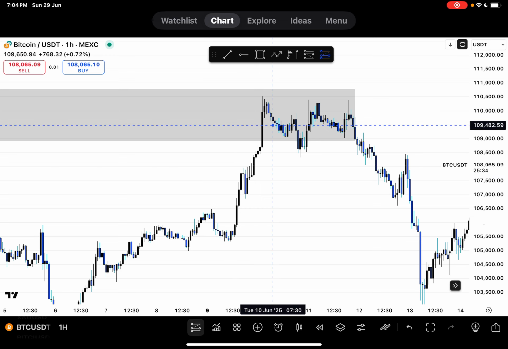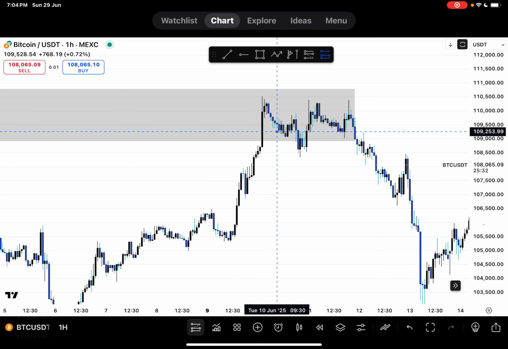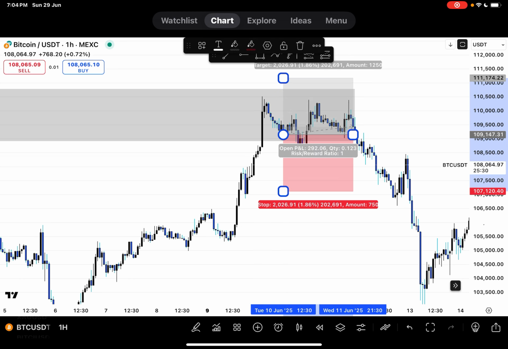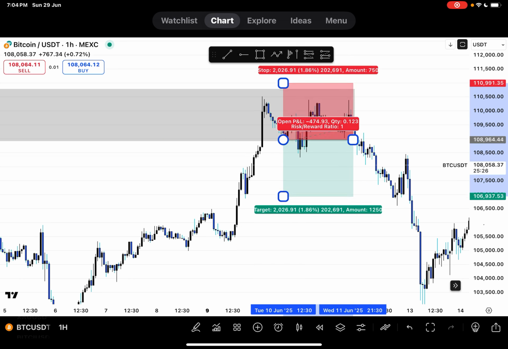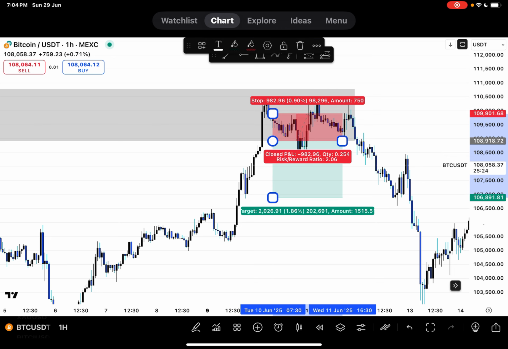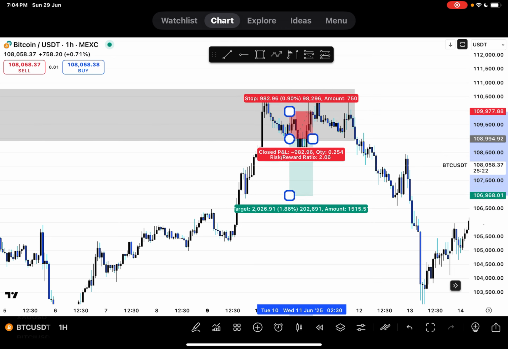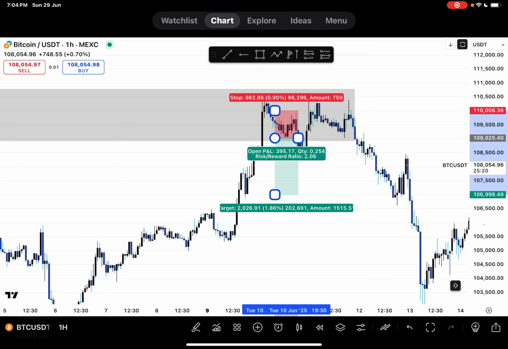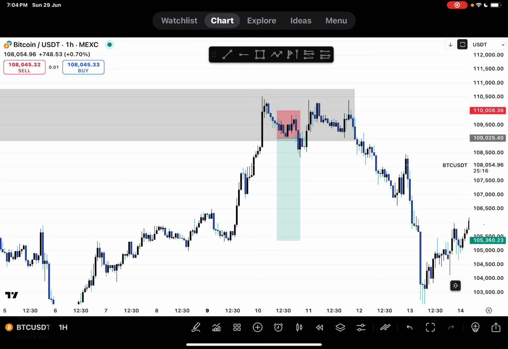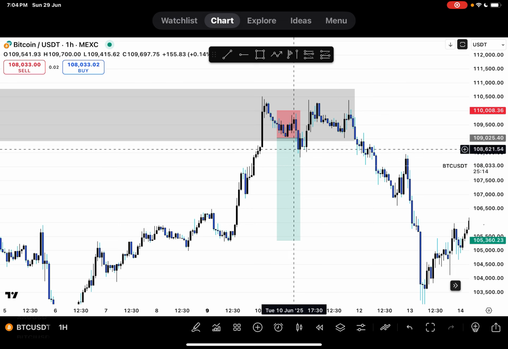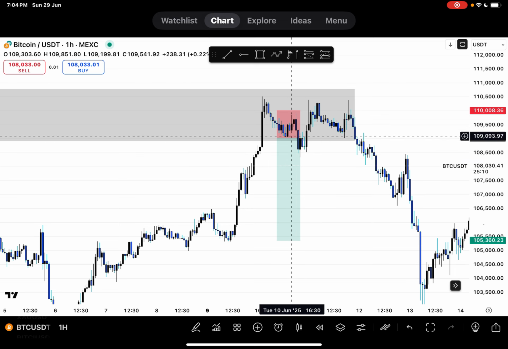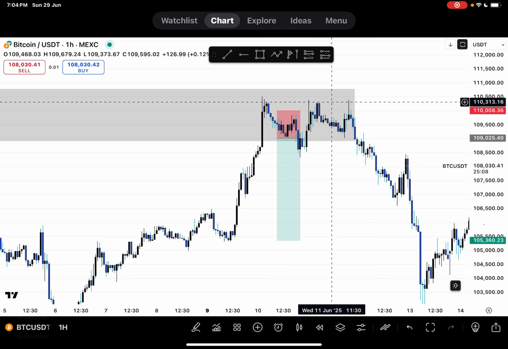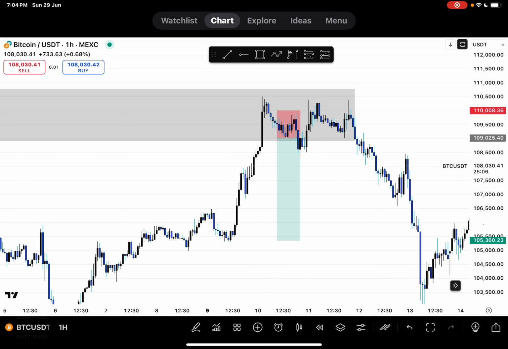Here also, as I explained in the drawing, maybe some sellers entered somewhere around here, keeping their stops after this candle, aiming for this, and then they get stopped out because of the market makers, to generate the liquidity in the market, right?